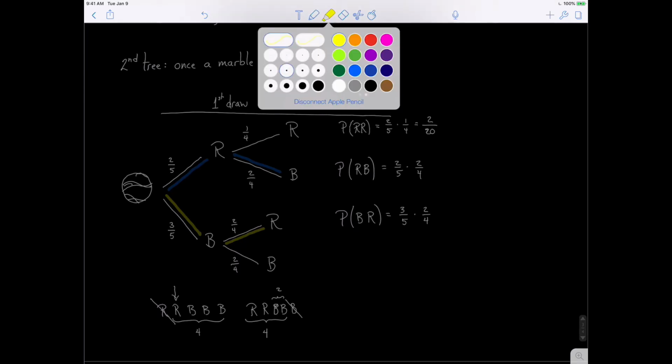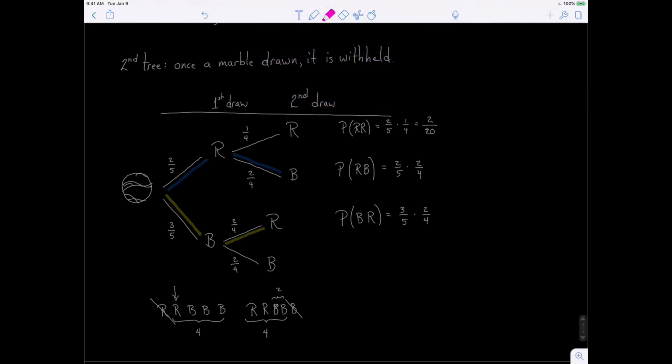And we have one more branch on our tree. Let's do that in our, I like this pink color. So that would be a blue and then a blue. So let's see. That would be the probability of blue, blue, and that is 3/5 times 2/4. And let's multiply these up. So 3 times 2, that's 6 over 20.